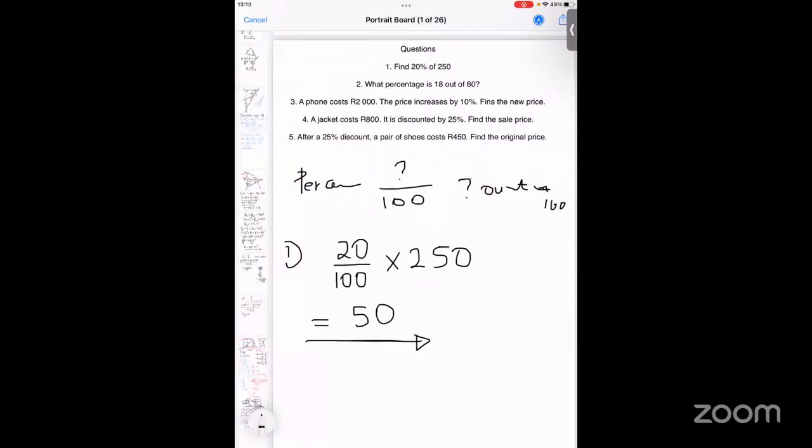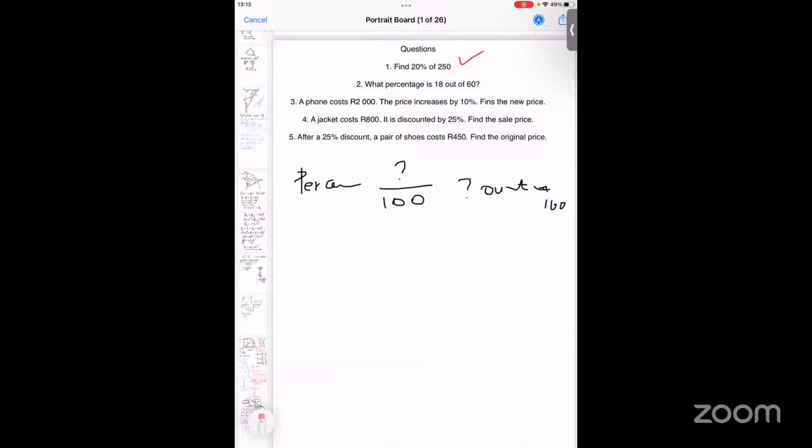Maybe let me scroll down and remove that one so that the questions will remain. So, okay, this is the one that is done. Let's jump on to the next one. This might definitely not be a lengthy lesson, because calculations related to a percentage, especially for this introduction, are not that complicated.